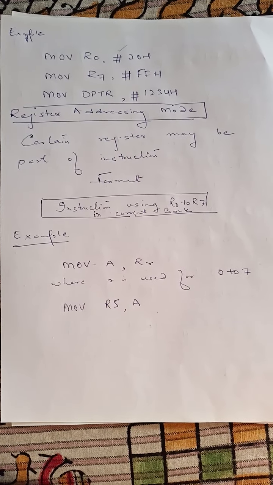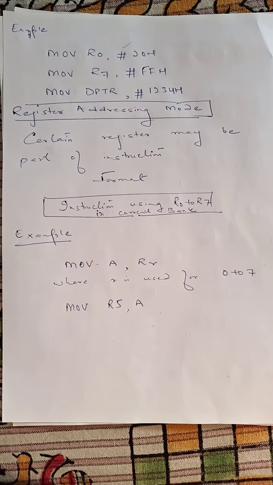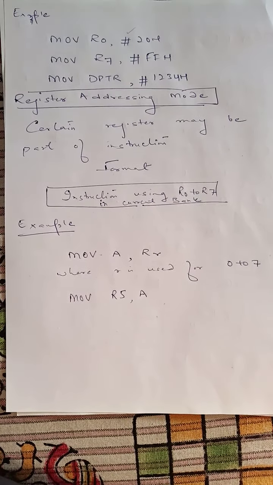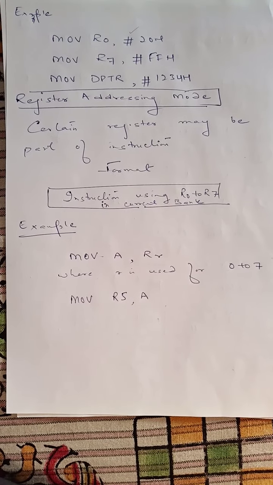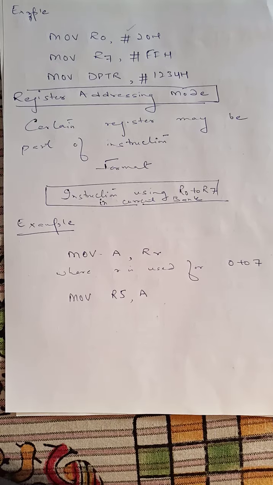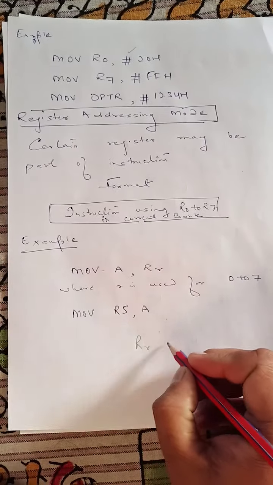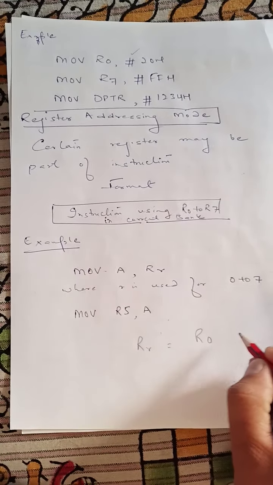Now when we talk about register addressing mode, as is clear from the word itself, the instruction will comprise a register, that is MOV A, Rn. Here Rn can be R0 to R7.